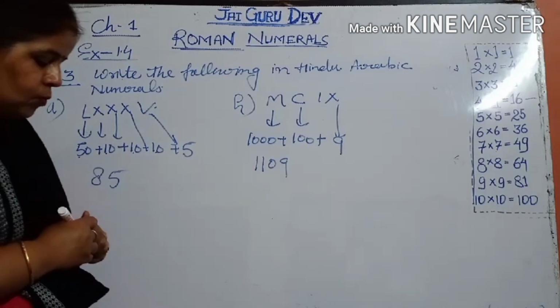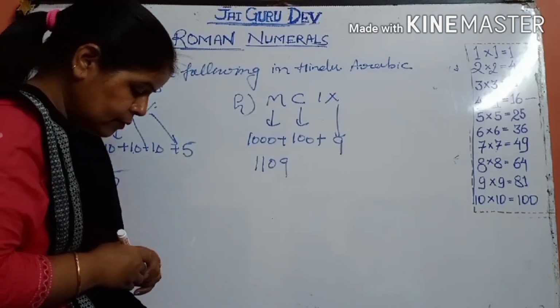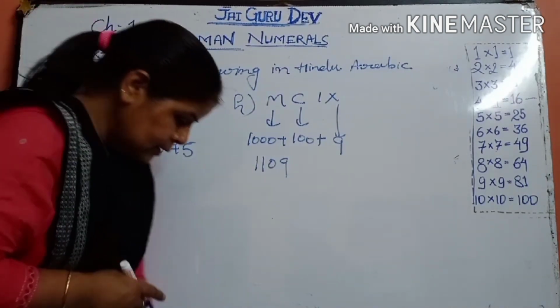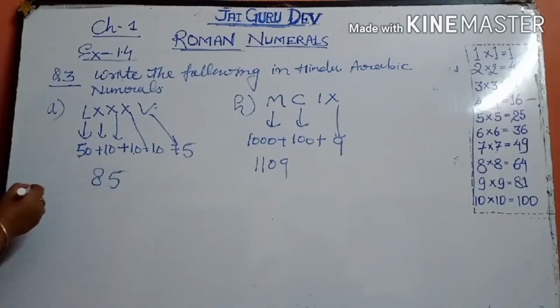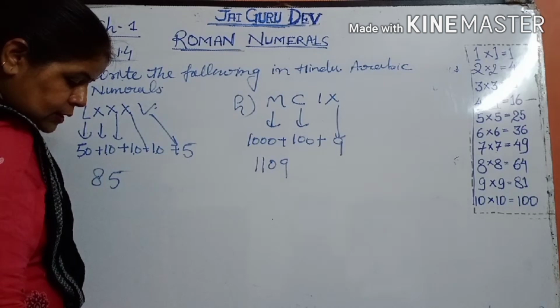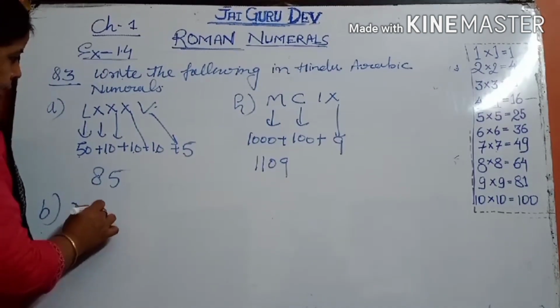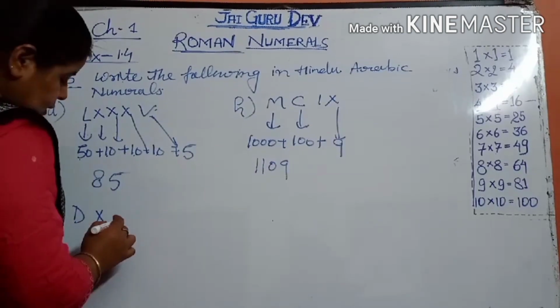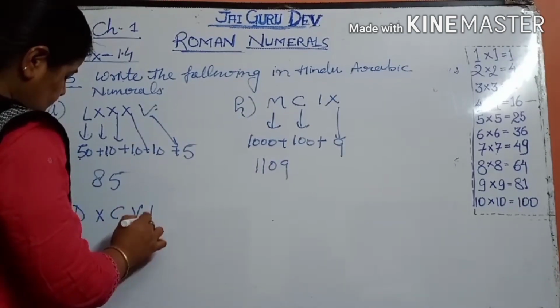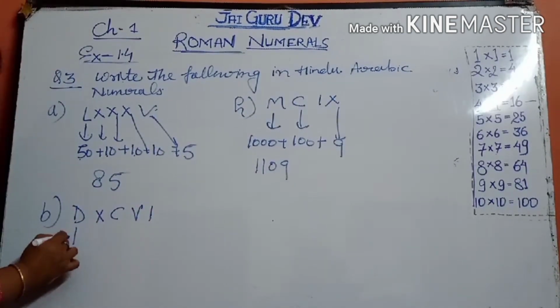One more part I am doing, which you will find difficult. I am trying to find that, the B part also. The rest of the parts are so simple, you can do them yourself. DXCVI. D means 500.